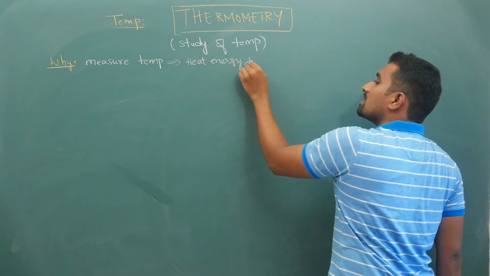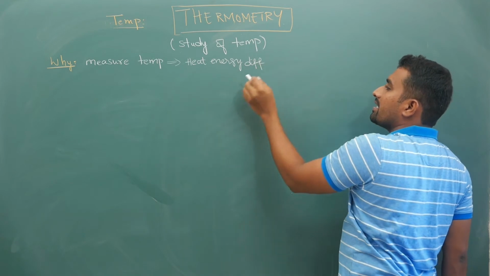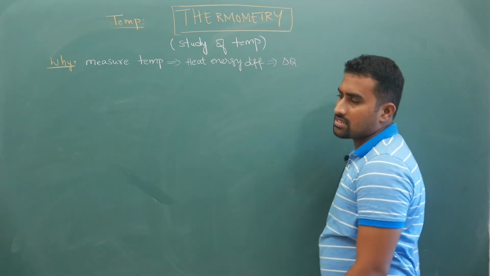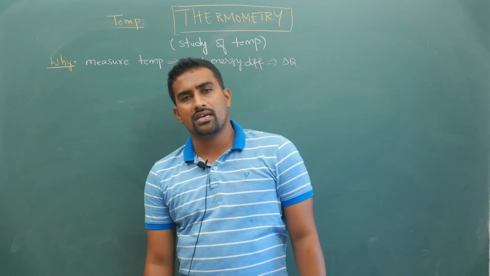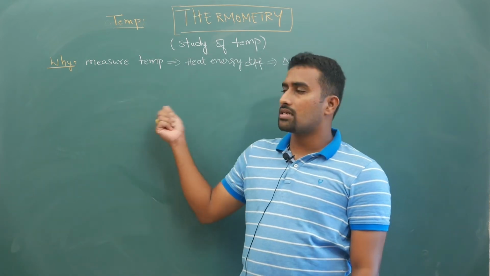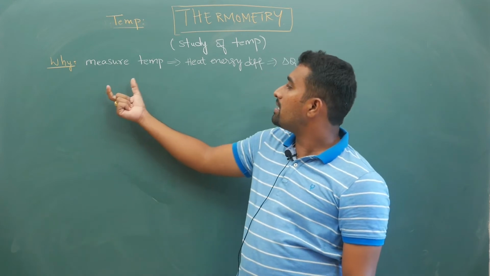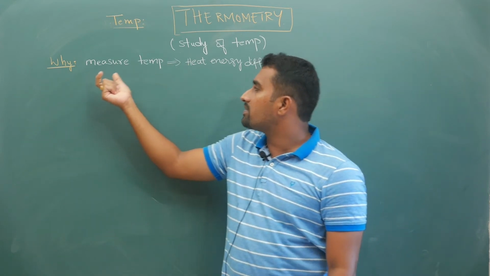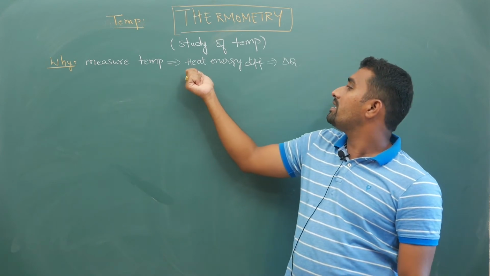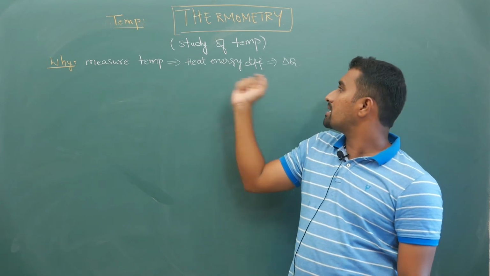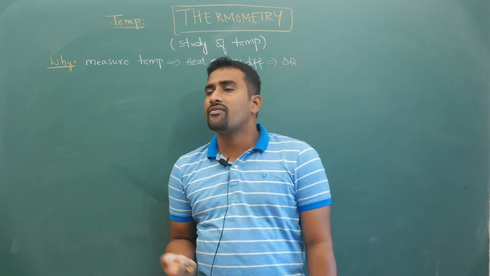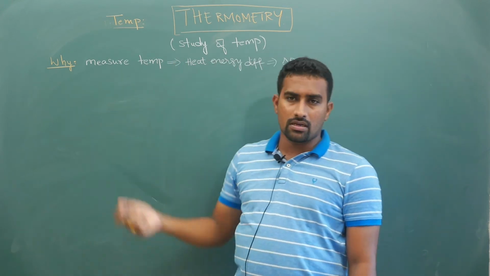If I simply use the word heat energy, I need this for delta Q measurement, the final temperature and all those calculations. With the help of measuring temperature we can measure the heat energy exchanged and its direction, and all the story we can talk about once we have understood the measurement of temperature.